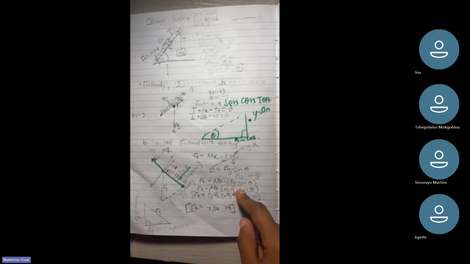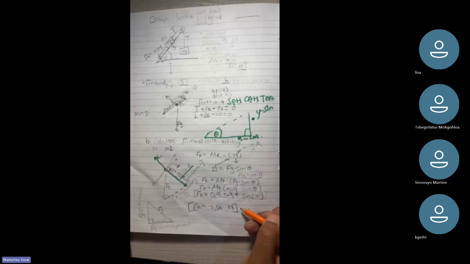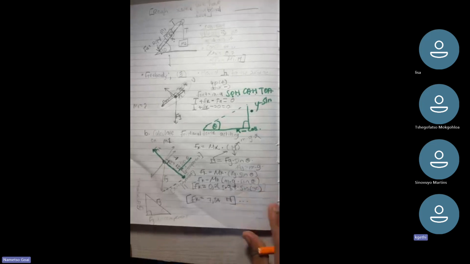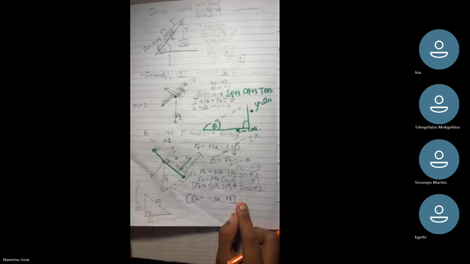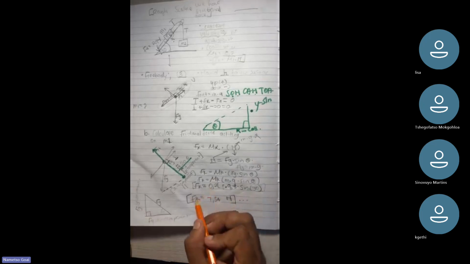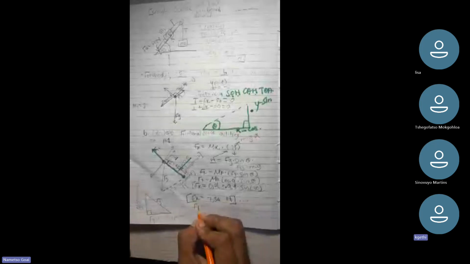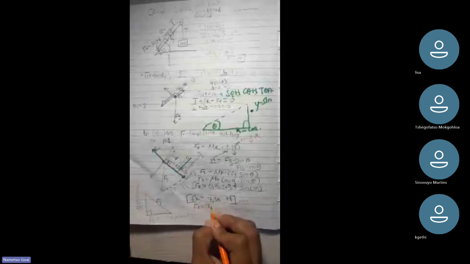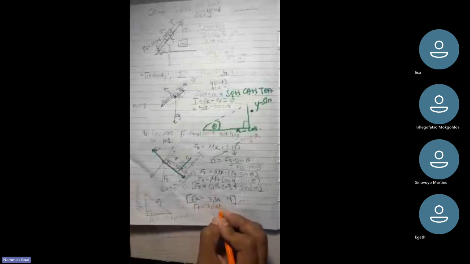Fg sine theta. Wait. N there. And then until here. Yeah, this is the final answer. This is our Fk. It's equal to Fk equals 7.84 Newton. This is just Newton in this case.